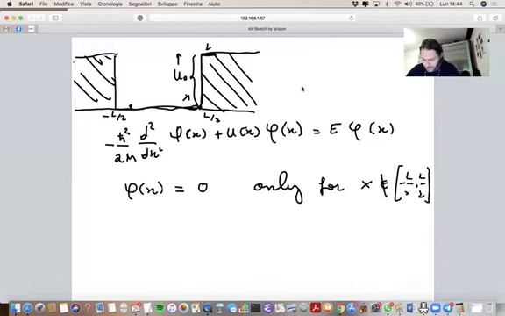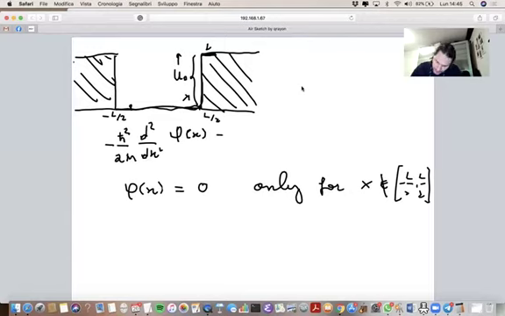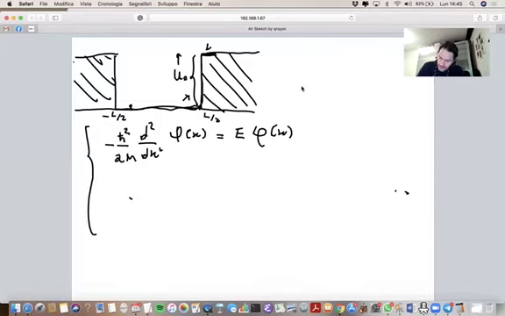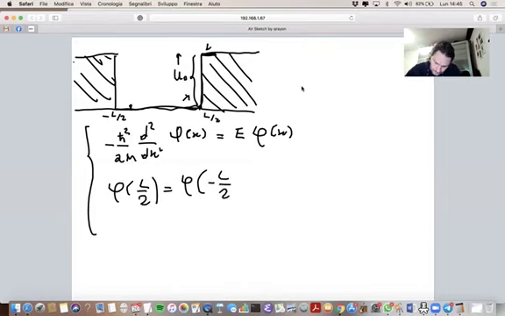So with this in mind, we can neglect altogether this term here, because inside the box the potential is 0, and solve the same free Schrödinger equation we solved for the plane wave problem, remember, but with different boundary conditions. And the boundary conditions are this.